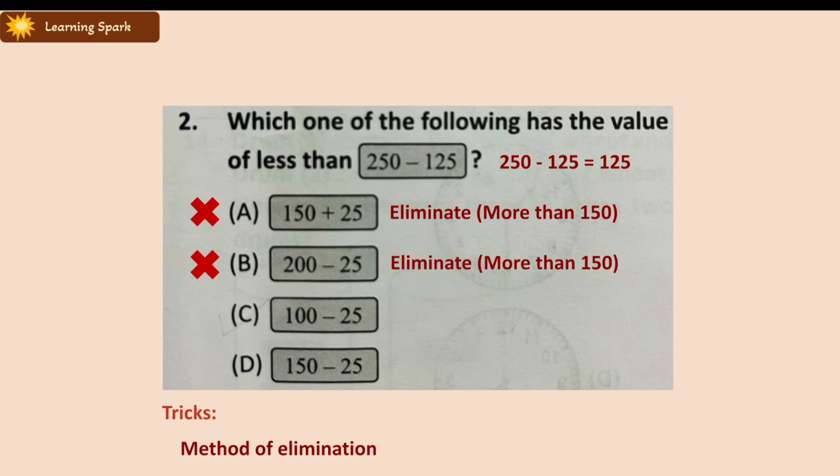Third one is 100 minus 25, so this is less than 100, so this can be a value which is less than 125, right? We calculate the value is 75, right? So this is the right answer, and we don't have to calculate the fourth one because we have got the answer.